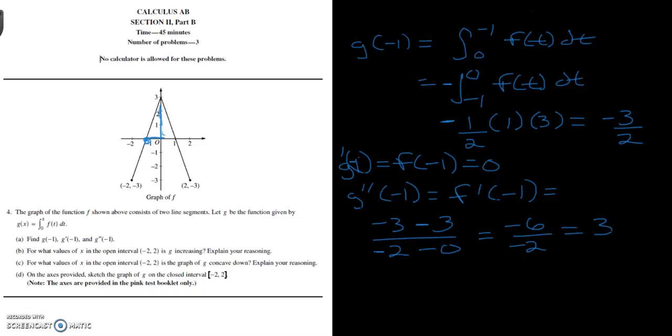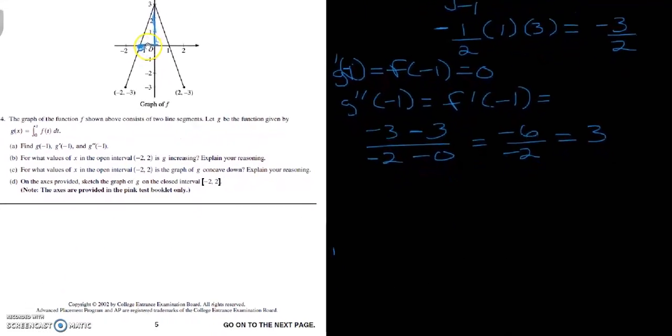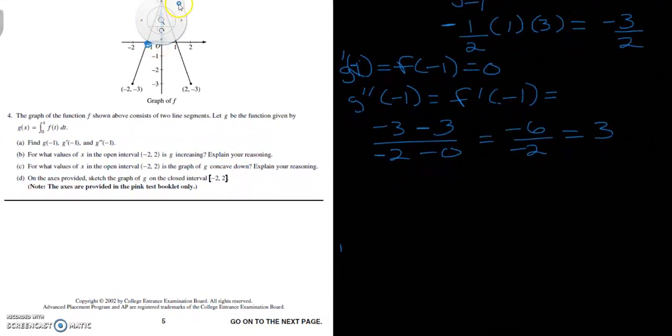Okay, part B. Let me move some of this so I have some room. Part B says, for what values of x in the open interval from -2 to 2 is g increasing? Explain your reason. So g is going to be increasing where the slope is positive, or actually in this graph where it's above the x-axis, because this is the graph of slope.